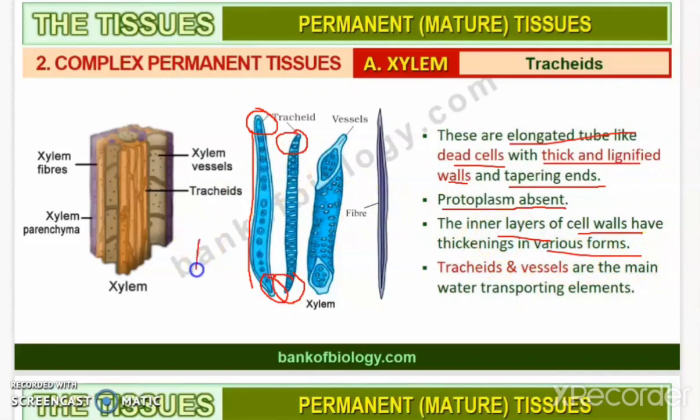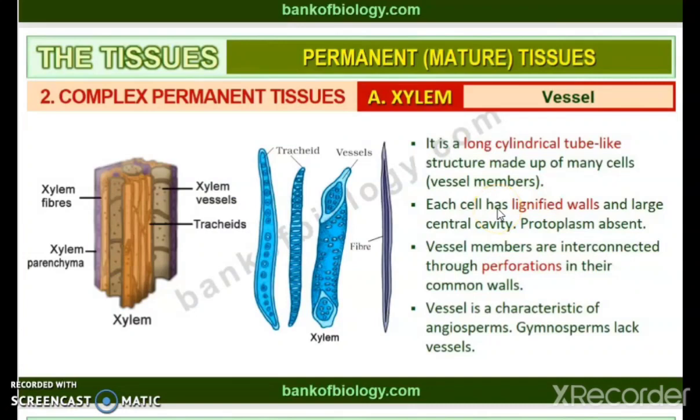So you know that the cell wall is the outermost covering, and in the inner layer of the cell wall they have thickenings in various forms. Okay, and tracheids and vessels are the main water transporting elements. So among the 4 different elements, these tracheids and the vessels are the ones which act as the main water transporting elements. Okay, now let us see the next part, which is the vessel.